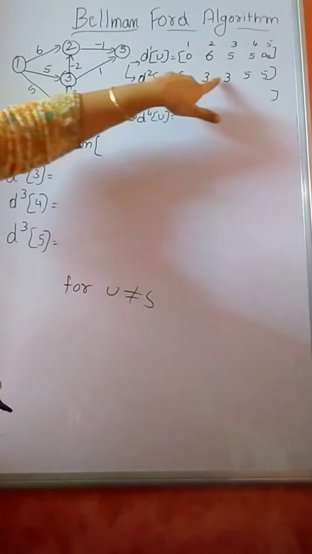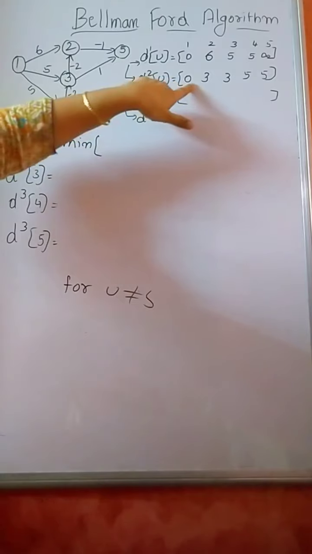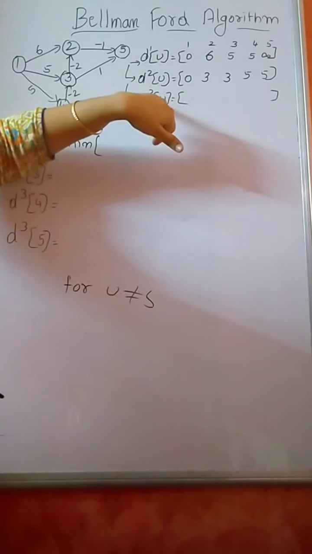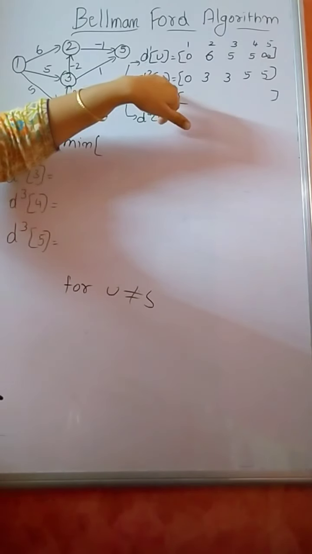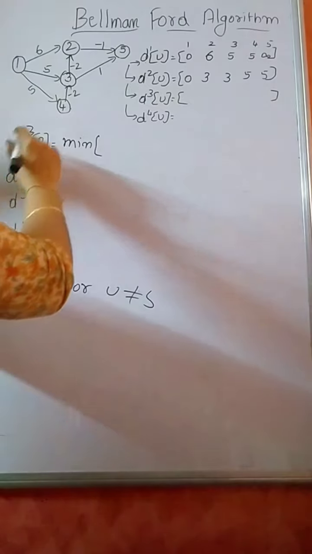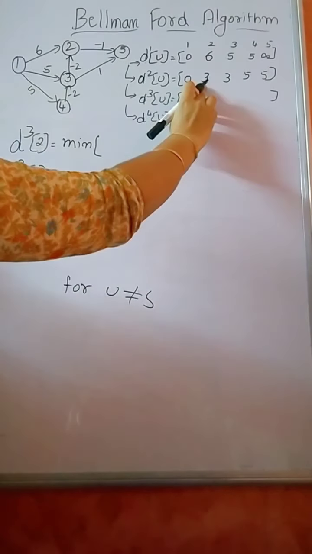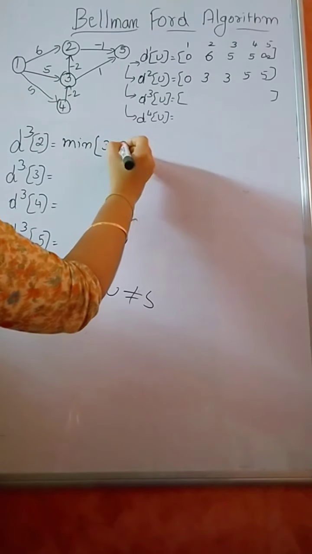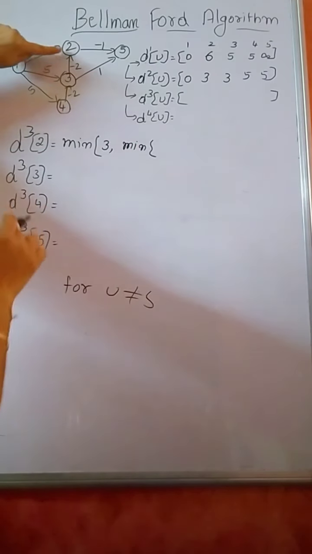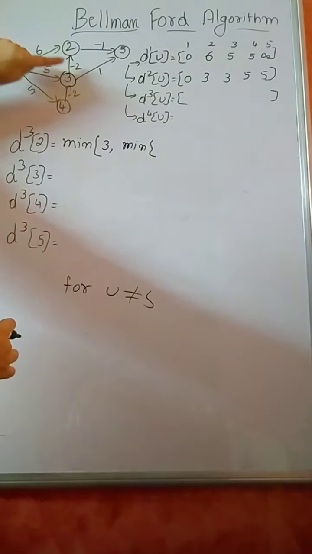Now you take these distances, not this distance, because for d3 of u I have to use the previous distance, means this one I need to use, not this one. So what is the previous distance to 2? It is 3. Now min of, how many incoming edges are there for 2? There are 2 incoming edges, one from 1 and one from 3.